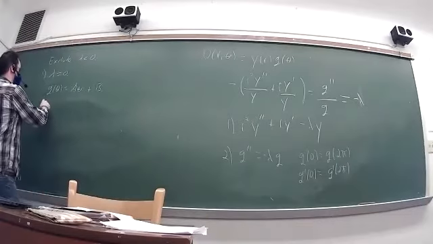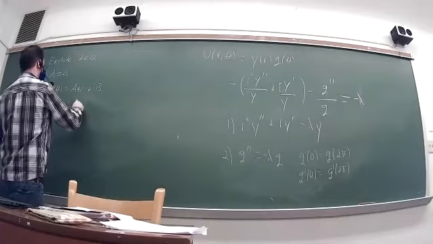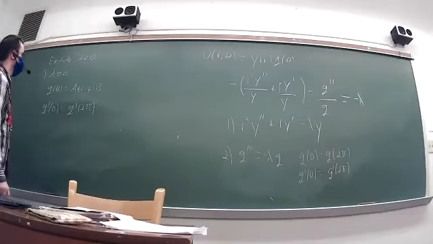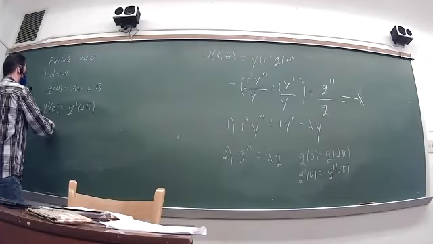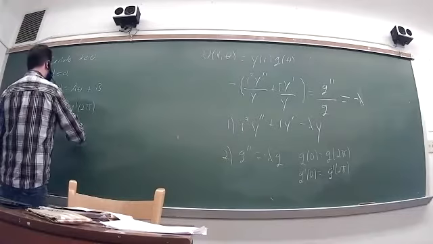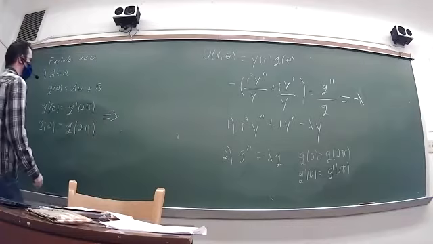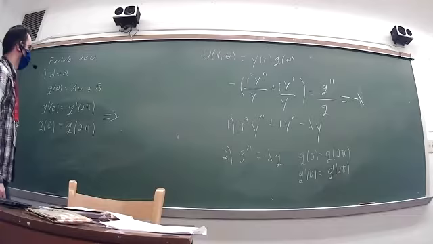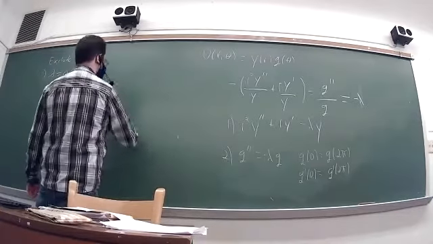So g prime of 0 equals g prime of 2 pi. I don't think that's true. Or is it that a has to be 0 and b can be anything? I think it's the opposite. I think, yeah, you're right. It has to be 0.